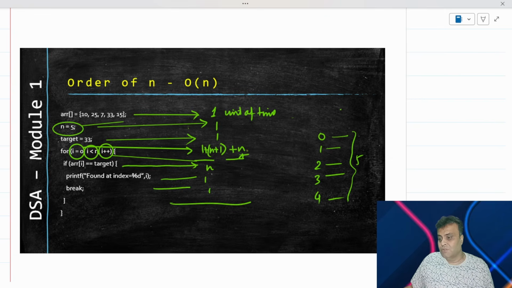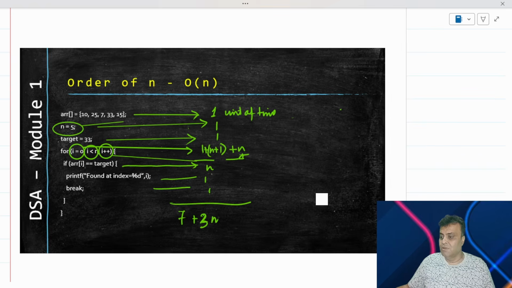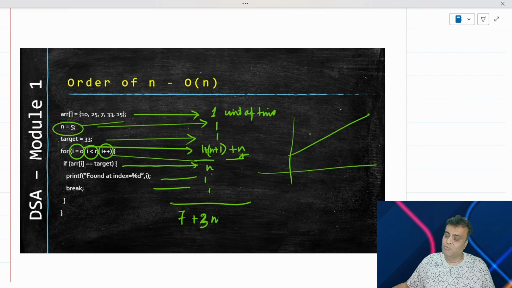So what is the total that we are actually calculating? 1 plus 1, 2 plus 1, 3 plus 1, 4 plus 1, 5 plus 1, 6 plus 1, 7. So 7 plus 2n, or rather 3n. That's the total amount of time that we are calculating. Now, what is this 7 plus 3n? Can we say that this represents this particular graph, where this is my slope, y equal to 3x plus 7?